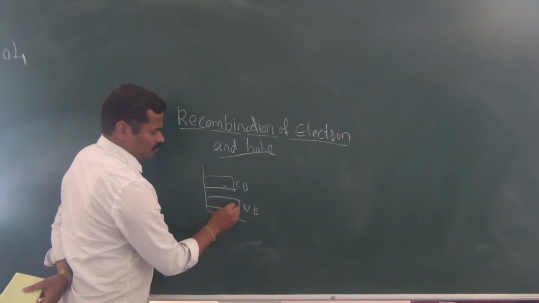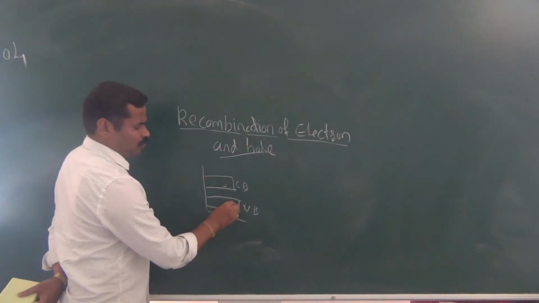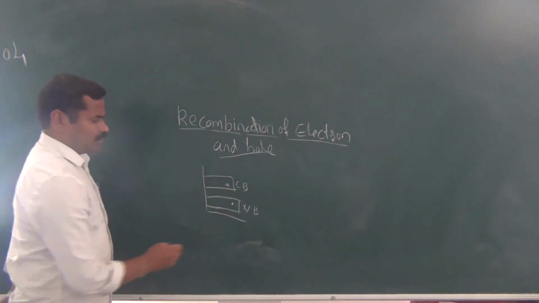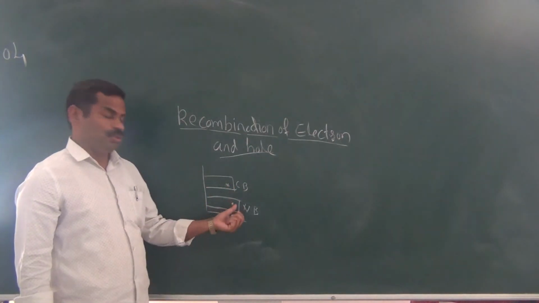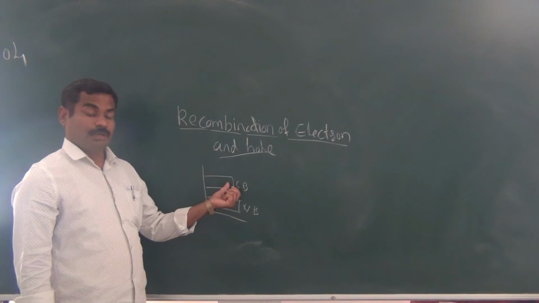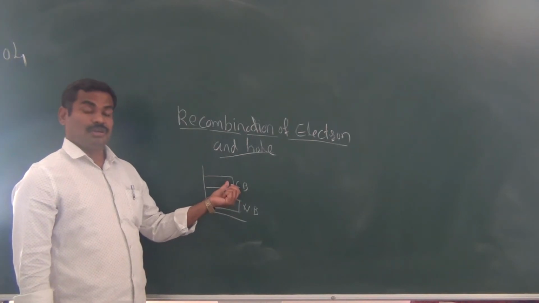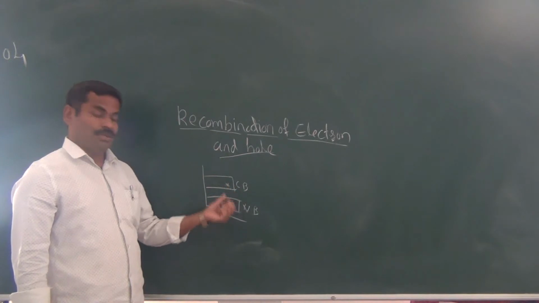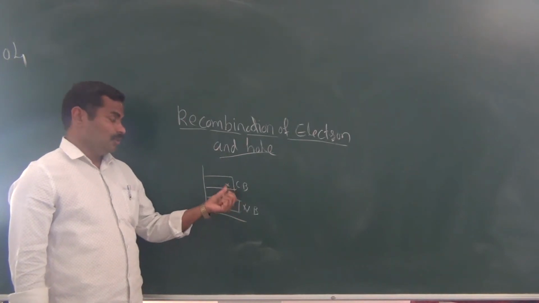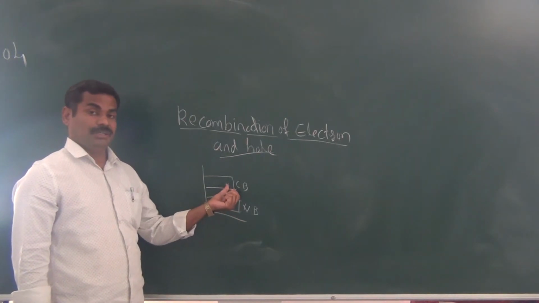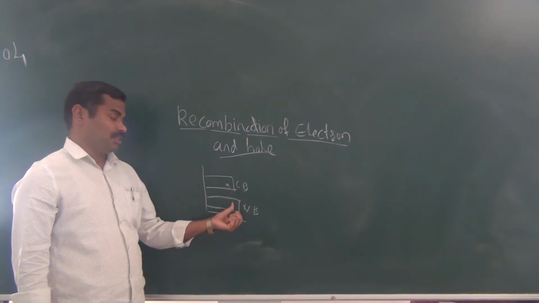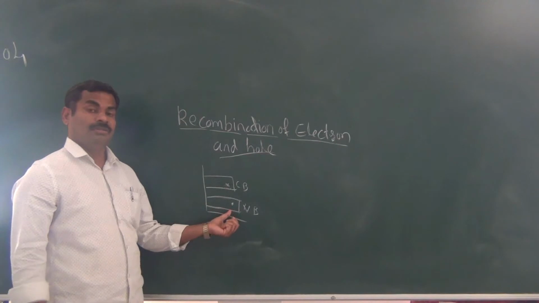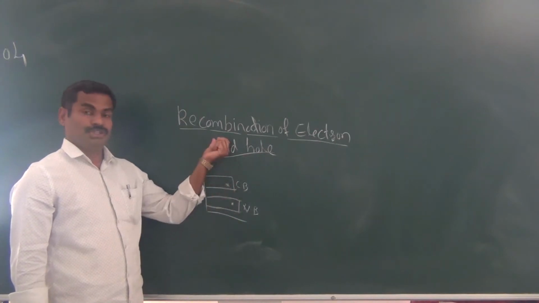If the electron in the valence band moves towards the conduction band, and the energy is lost by this free electron, then once again it comes back towards the valence band. If the energy is not sufficient for the electron, it comes back to the valence band, then it will merge, it will recombine with the hole. That is also one type of recombination.